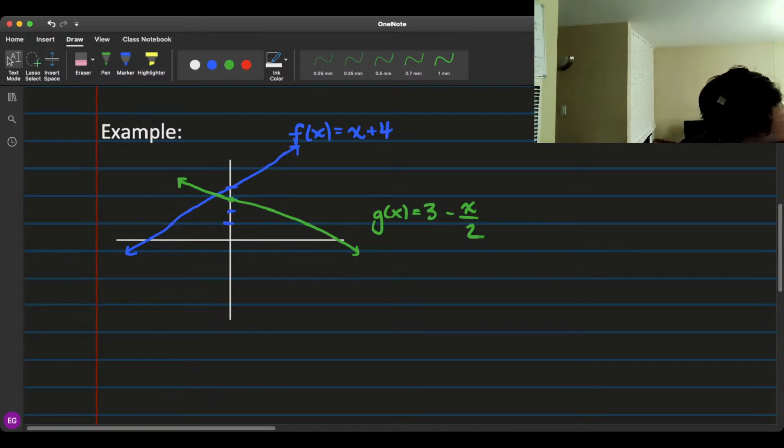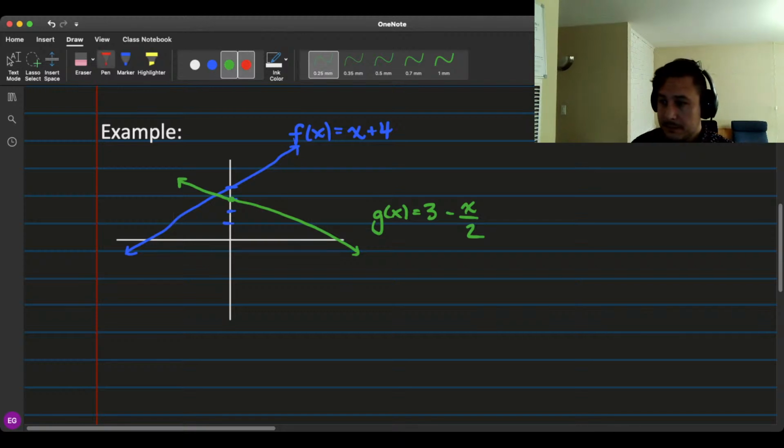And let's say that the area we're interested in is between 2 and 4. So basically this stuff.